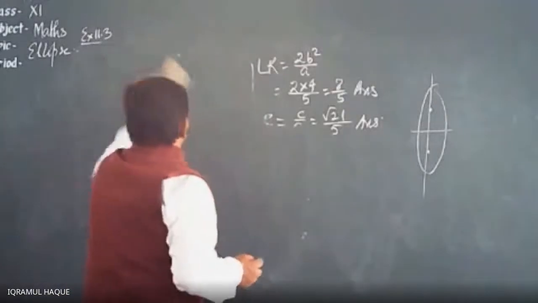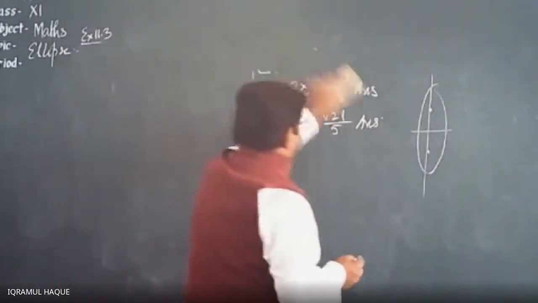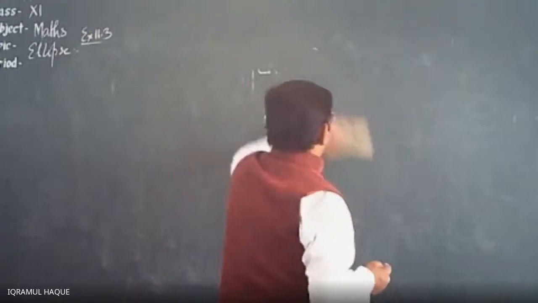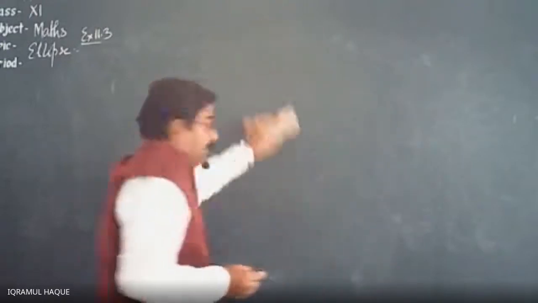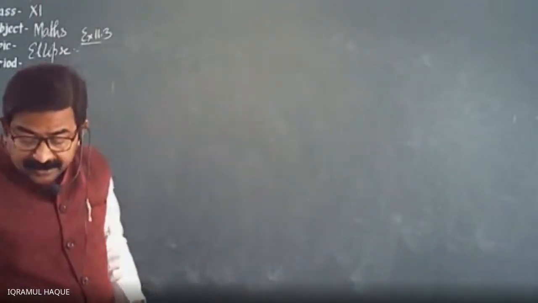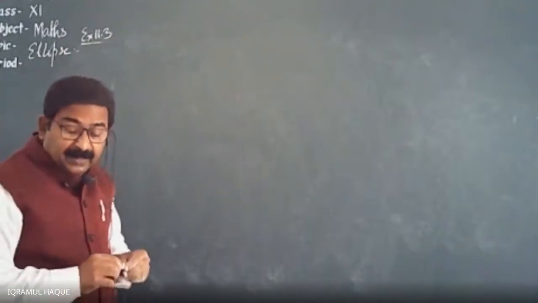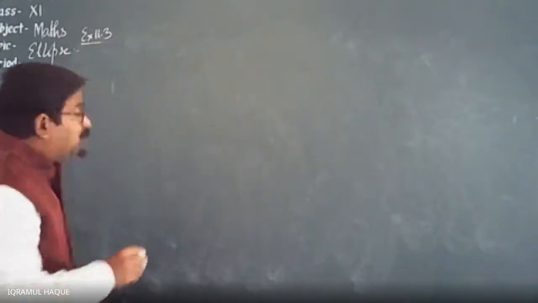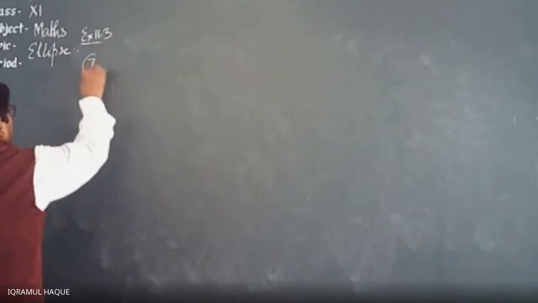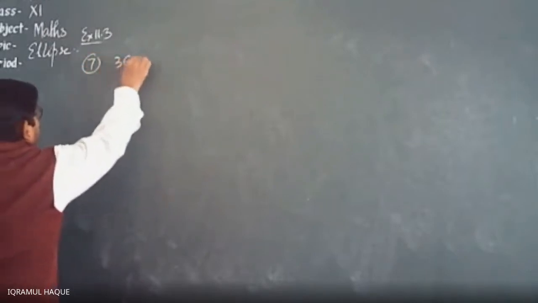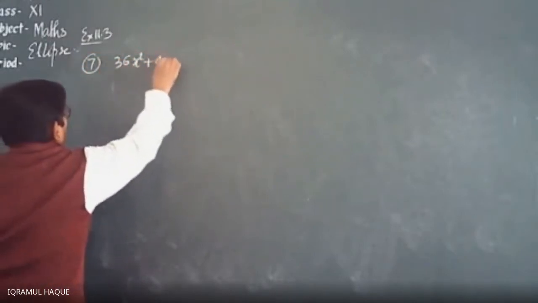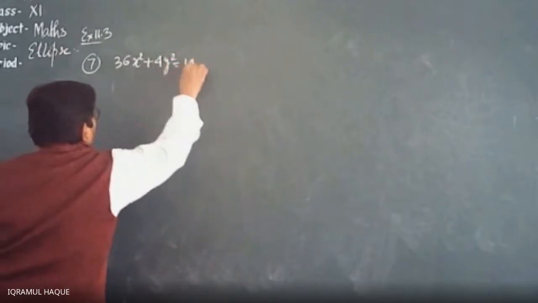See, 7, 8, 9 are of the same type. So we have to change this into standard form. In the seventh question, 36x square plus 4y square is equal to 144.